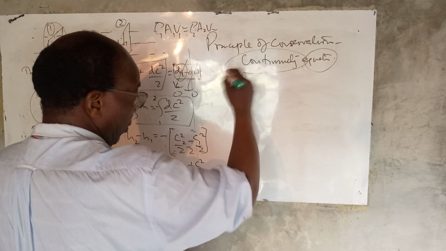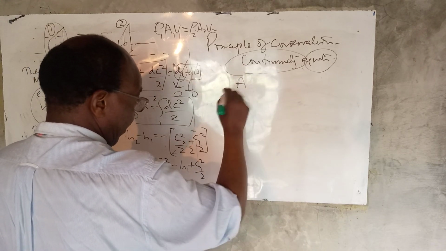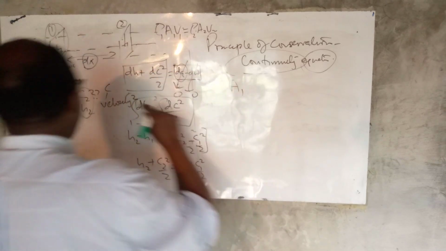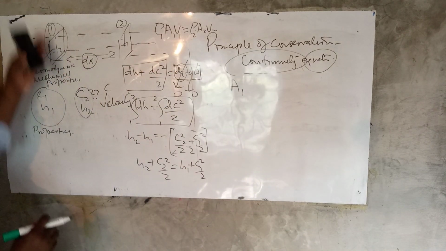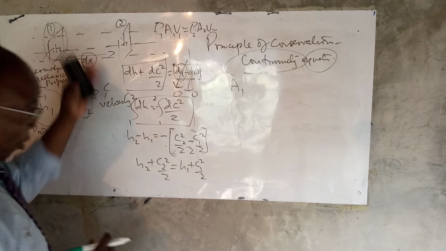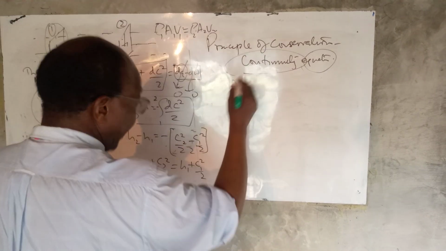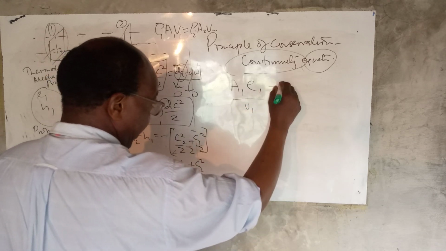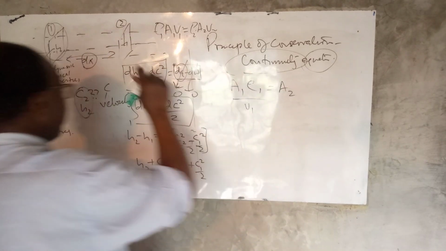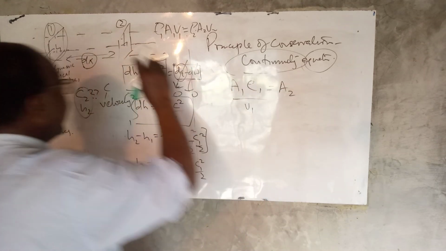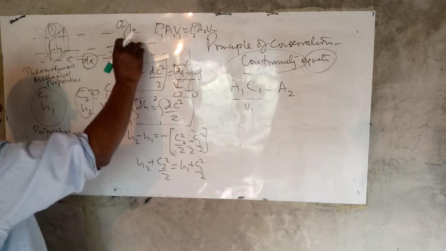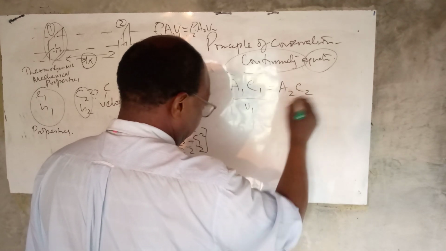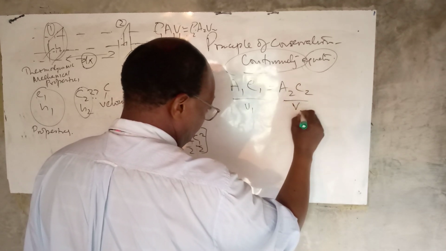So what are we saying? We are saying that we take the cross-sectional area at state point 1, represented by plane 1 normal to the axis of that duct, and the velocity 1, and the specific volume v1, that should be equal to the cross-sectional area at state point 2, given by plane 2, which is normal to the axis of the duct at that point, and velocity 2 over v2.